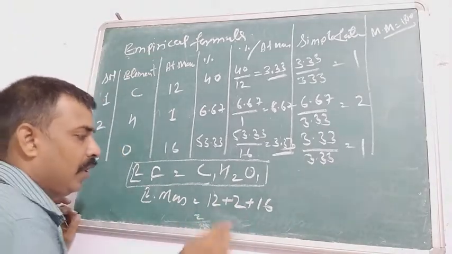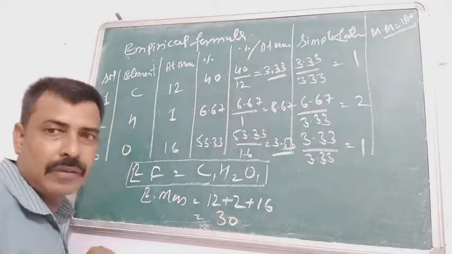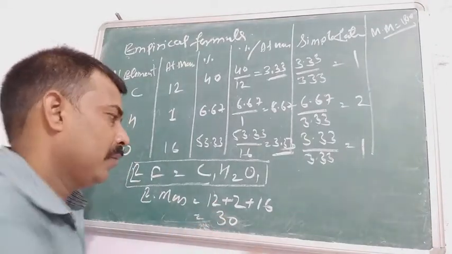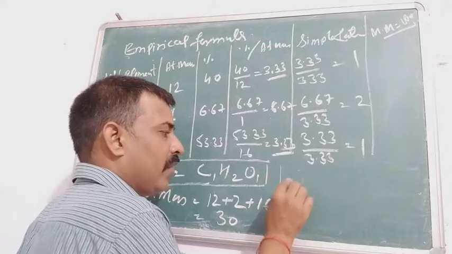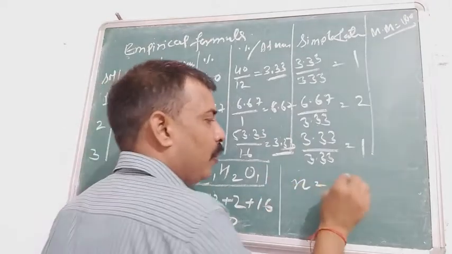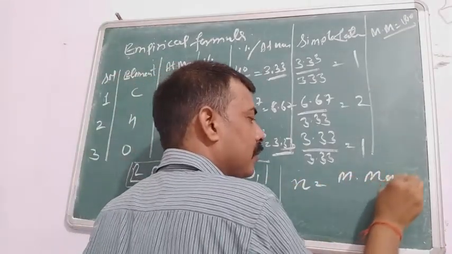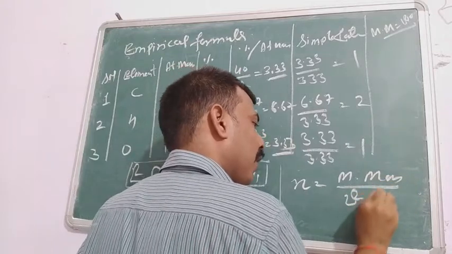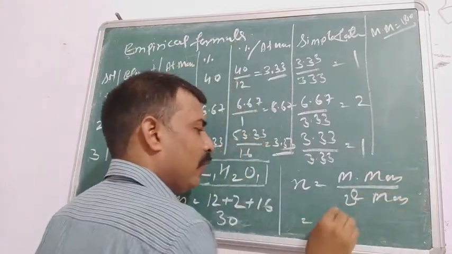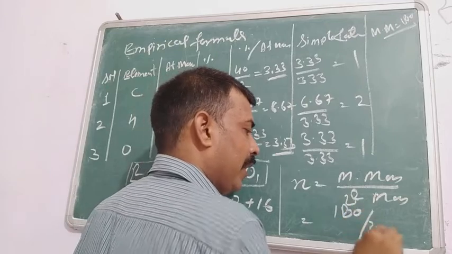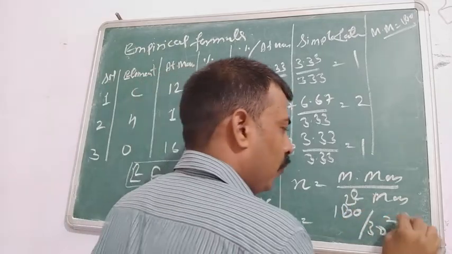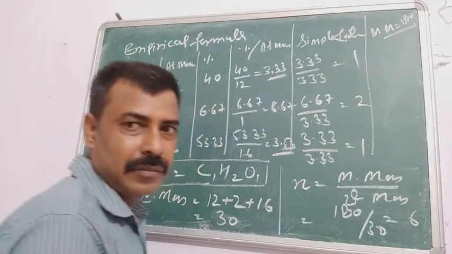Sorry, it will be 30. Now find the value of N. N equals molecular mass upon empirical mass. Molecular mass is 180, empirical mass 30, so the value of N will be 6.